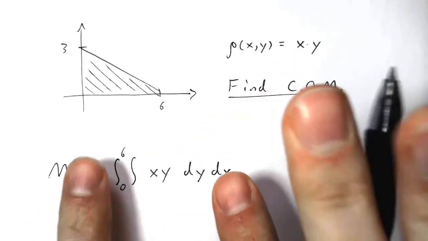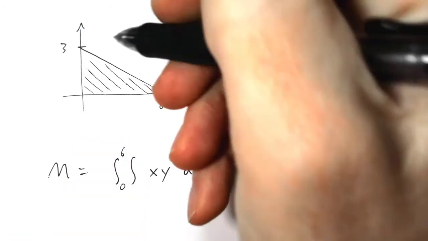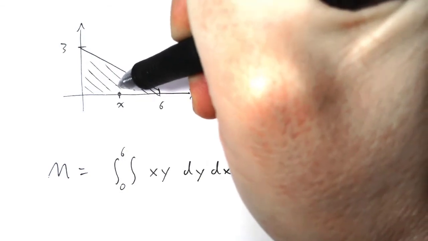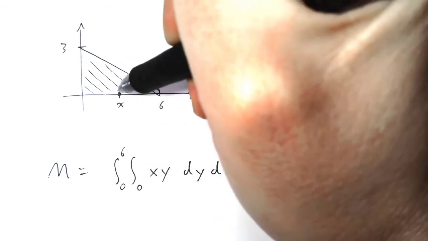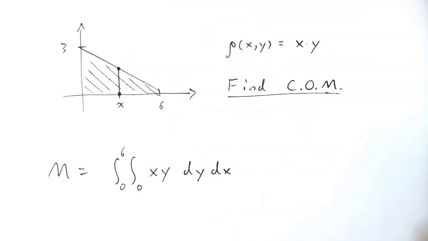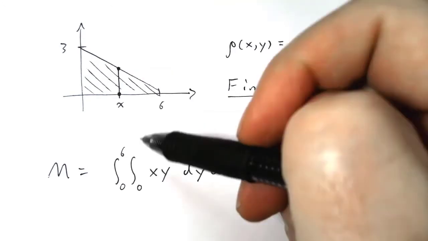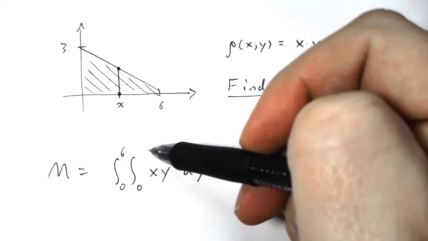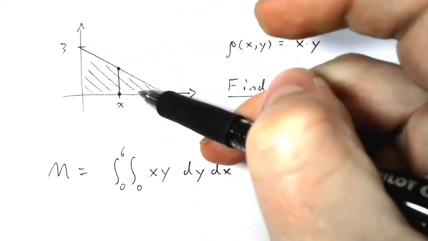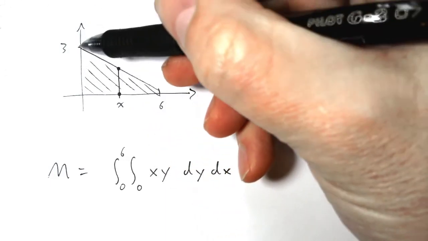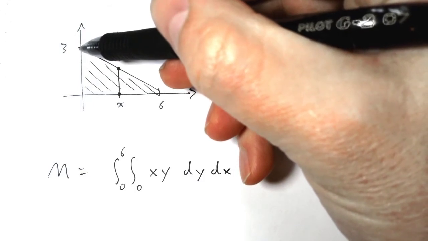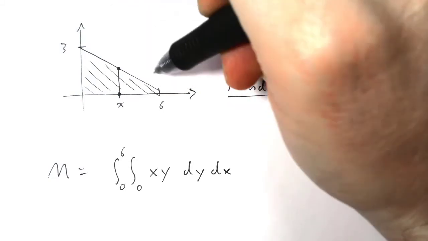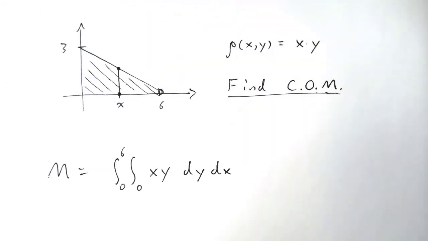Now, what about the inner integral? That's y. So for every value of x, I need to think about, what does y go from? Well, it goes from 0, and it goes up to the height of this line. So I need an expression that gives me the height y of the line. Well, I can find the equation of the line. We can see the y-intercept is 3, and we can see the slope has to be -1/2 if it's going to come down here and intersect the x-axis at 6.